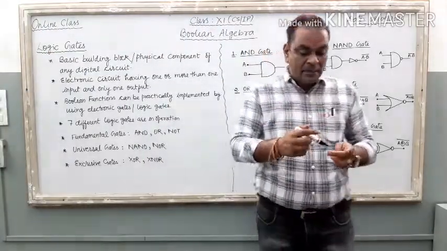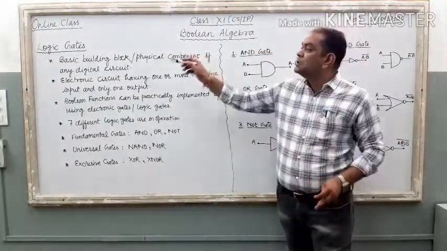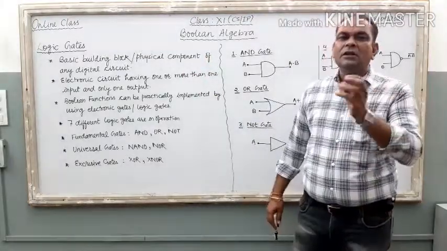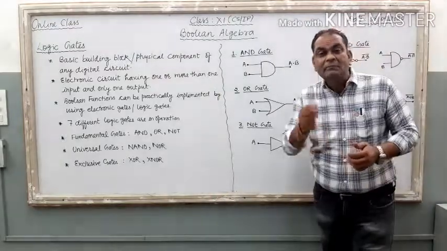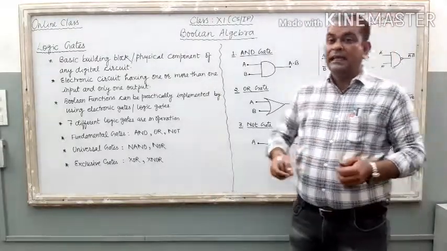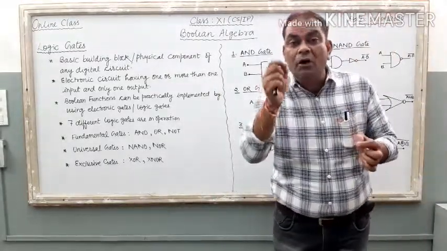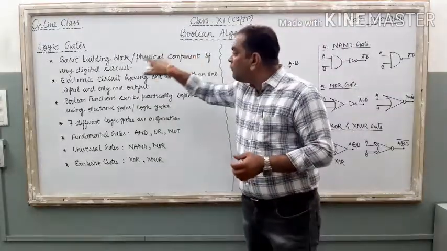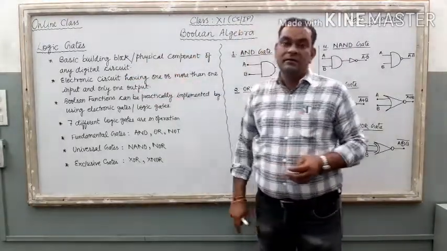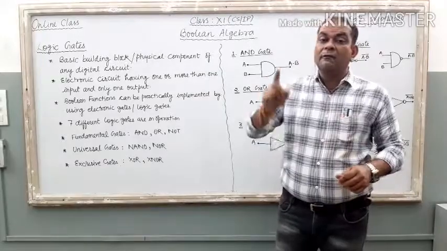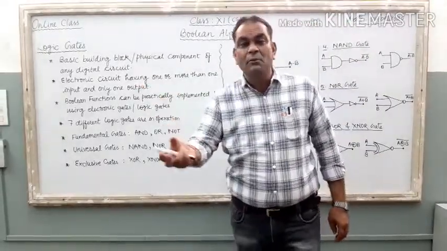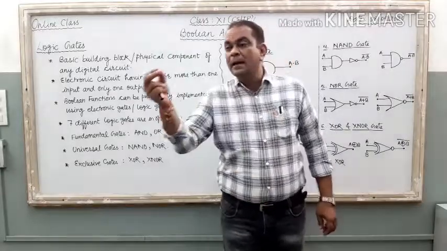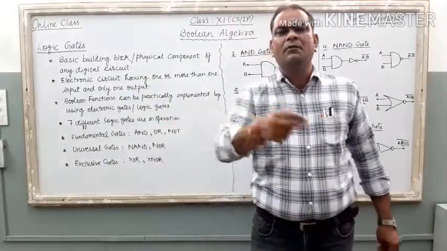So our concept is related to logic gates. What is a logic gate? Logic gates are the basic building blocks, or we can say the physical components, of any digital circuit. Logic gates are physical components, meaning what? A keyboard is a physical component. You can see the keyboard, you can touch it, you can break it, you can shift it from one place to another.